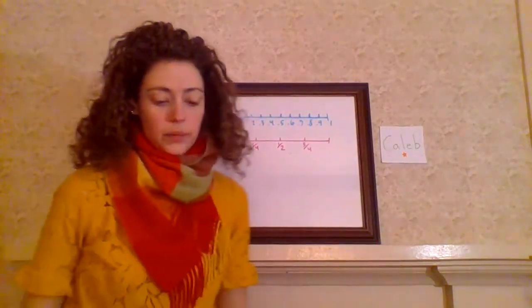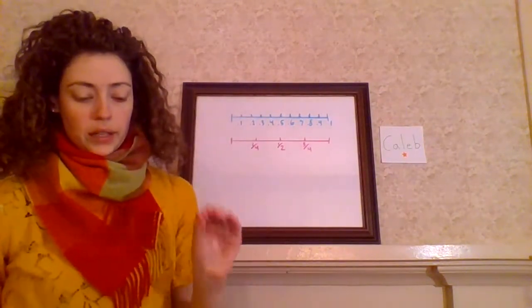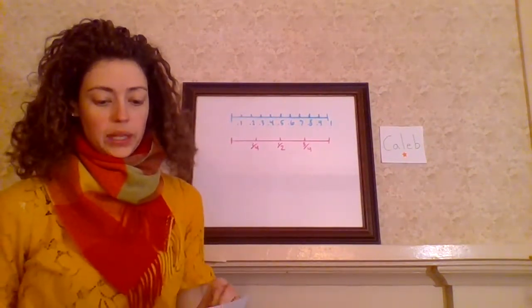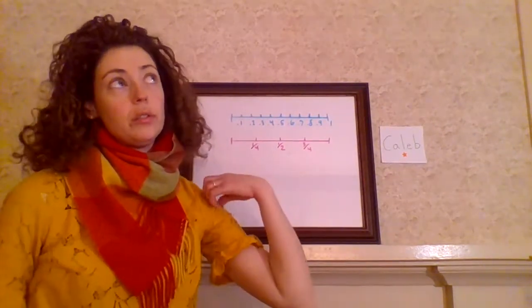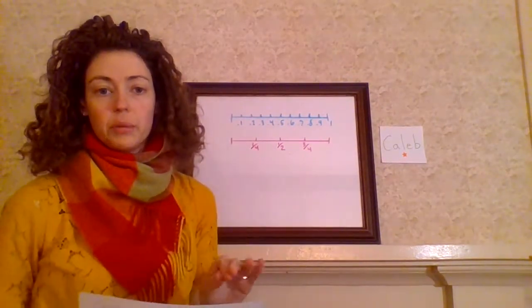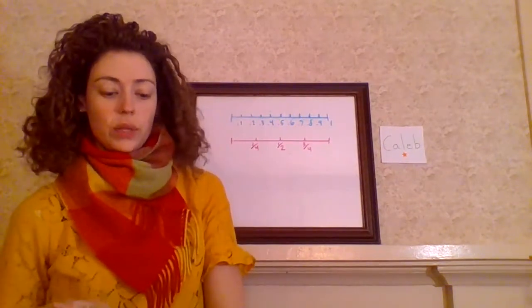Okay, so now let's look at if we have a fraction and we want to change it into a decimal fraction, so a fraction that we could quickly change into a decimal number.